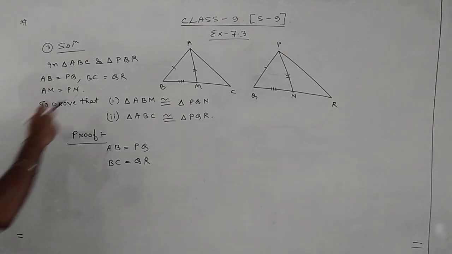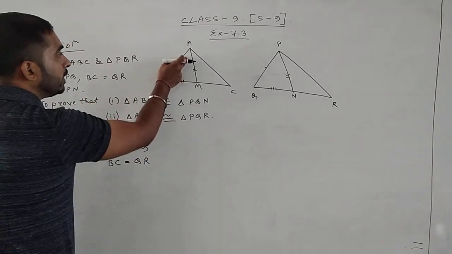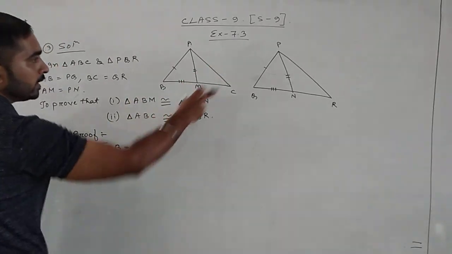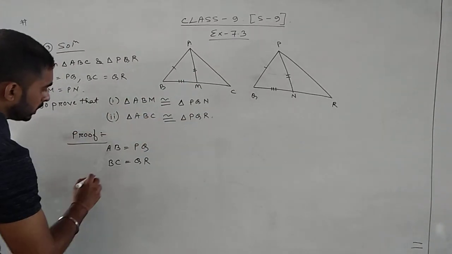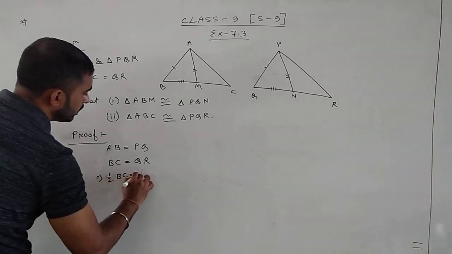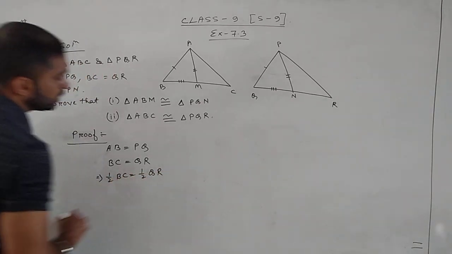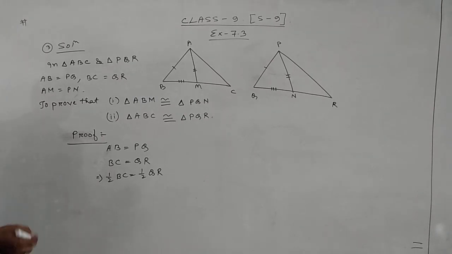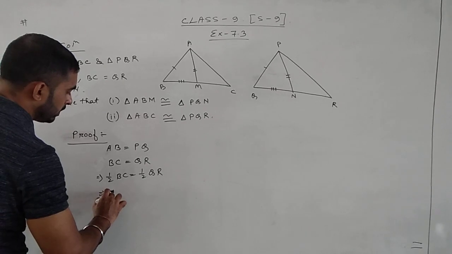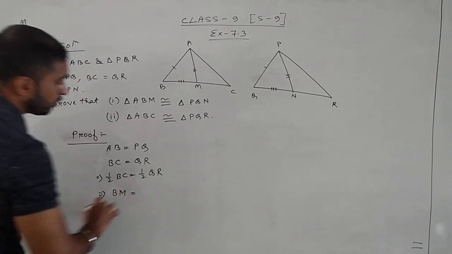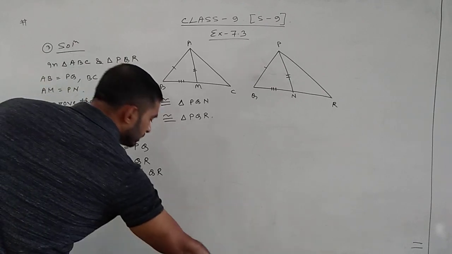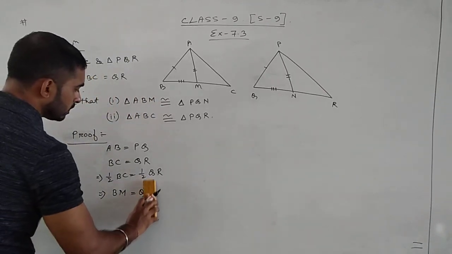Now see, AM is the median. It means M is the midpoint of BC. Similarly, N is the midpoint of QR. So if we multiply both sides by half, half BC equal to half QR. Half BC means BM, because M is the midpoint, and half QR means QN.